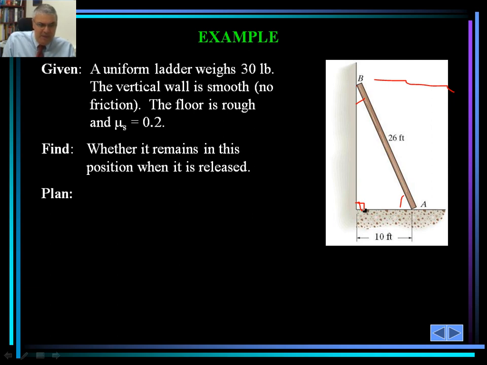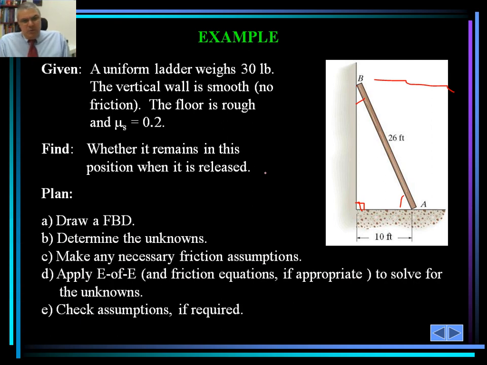A and B are the points of contact. A is the point of contact with the floor. B is the point of contact with the wall. And remember, there is no friction at point B between the ladder and the wall. So the plan is to draw a free body diagram and determine the unknowns.